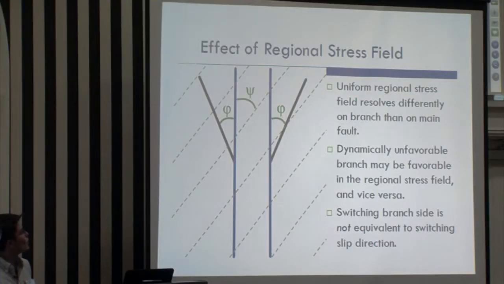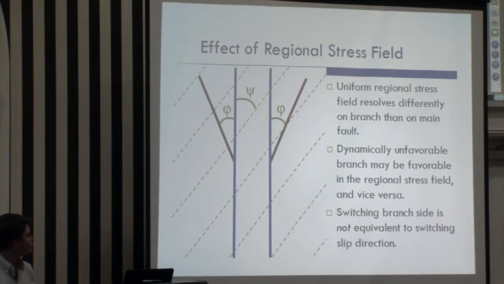So you have this interplay between the dynamics and the regional stresses. In this case, switching the side of the branch but keeping the same direction of slip is not equivalent to switching the slip direction, even if they were both right lateral here, and you're hitting this differently.